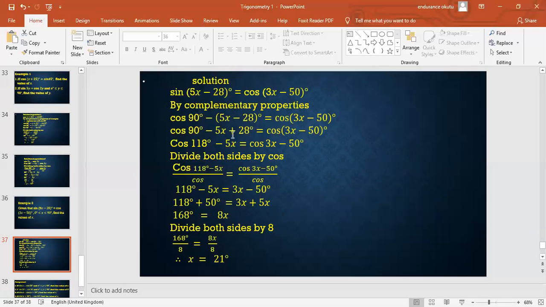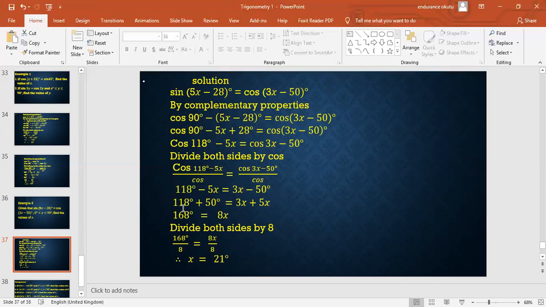So in the left-hand side, when we collect like terms, 90 degrees plus 28 degrees will give us cos (118 degrees minus 5x), which is equal to cos (3x minus 50) degrees. Dividing both sides by cos, because we have cos on the left-hand side and the right-hand side, cos can cancel cos. So we now have 118 degrees minus 5x equal to 3x minus 50.